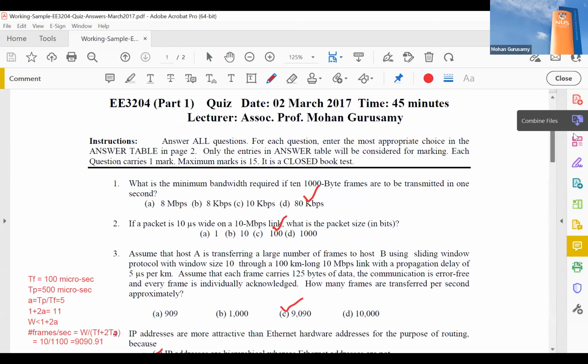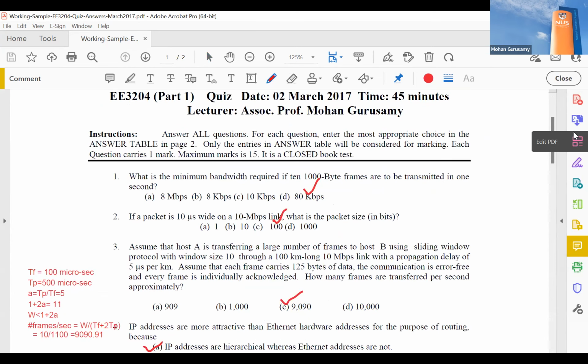Read the instructions carefully, answer all questions. For each question, enter the most appropriate choice. This is important. That means sometimes more than one may look correct, but which one do you think is most appropriate? That's the one which I want.